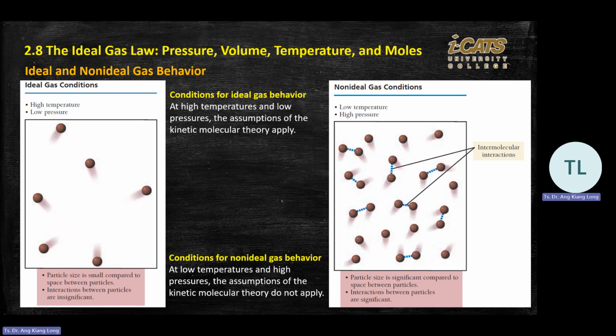If we have low temperature and high pressure, kinetic molecule theory do not apply. Means in non-ideal, kinetic molecule theory do not apply. Or in other case, reaction happen. Something changes the molecule or gas.